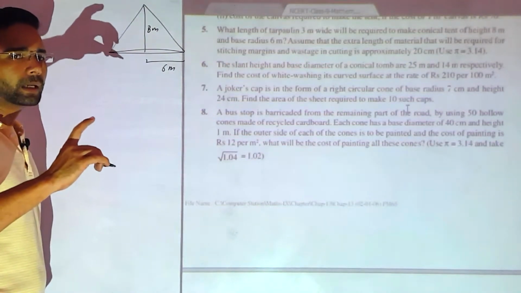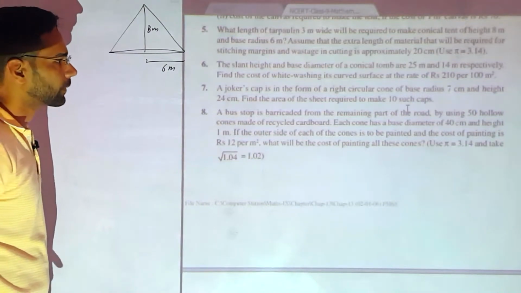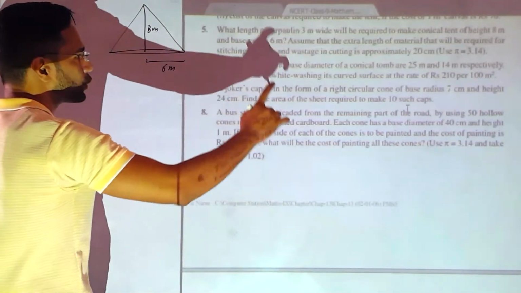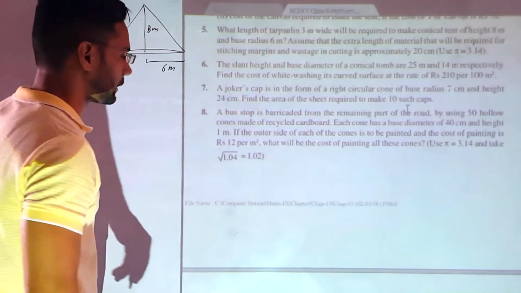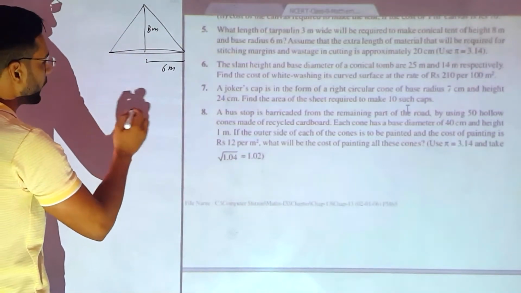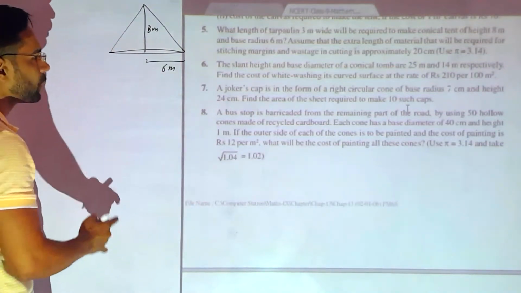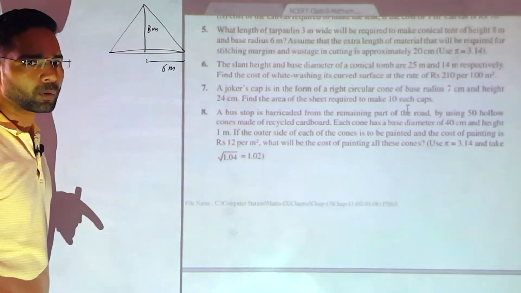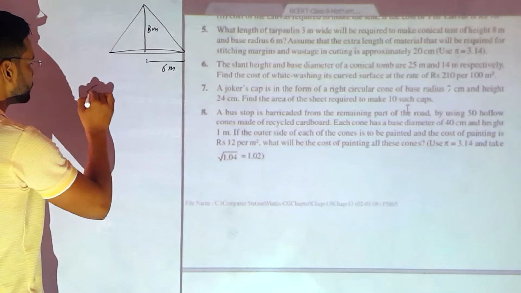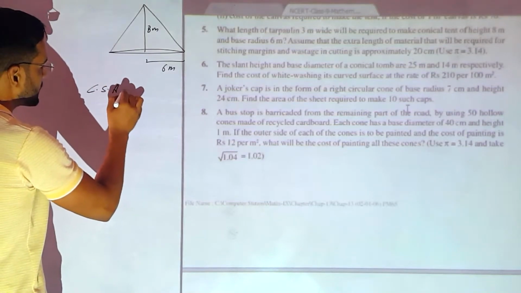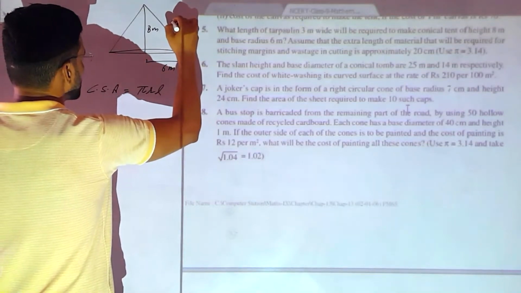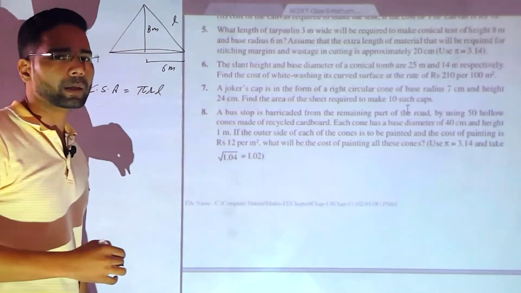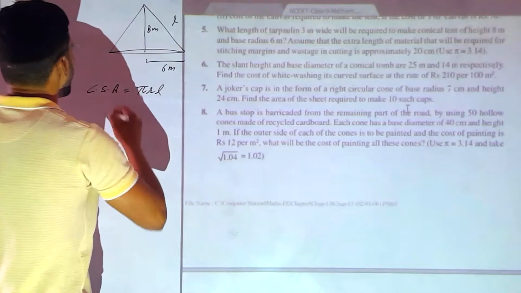So in the last, after getting our answer, we should add 20 centimeter by converting in meter. So first of all, find out the CSA, because it will also be open from the bottom. Now CSA is equal to pi r L. First of all, we will need to find out the L by the Pythagoras theorem.